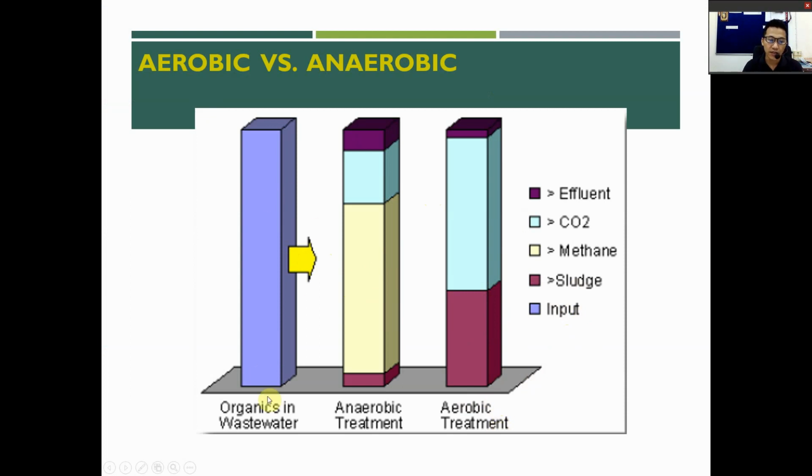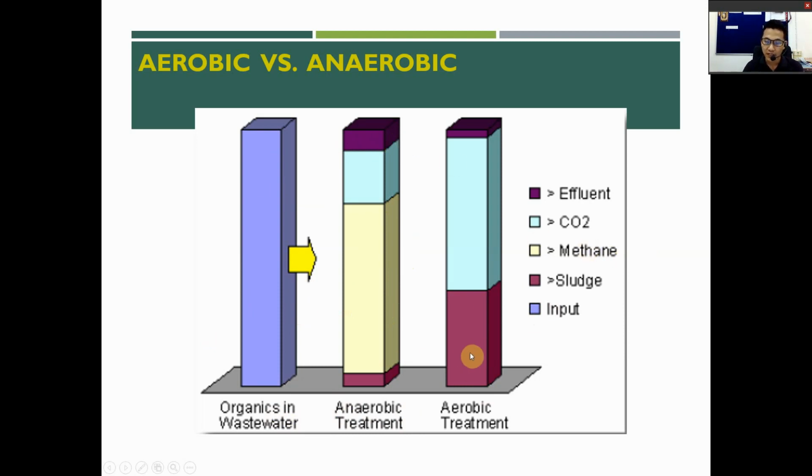Based on the initial condition, you have organics in wastewater, see that the whole column is in purple, and after the anaerobic treatment, you get a very high proportion of methane, which is the biogas that we're talking about, and also carbon dioxide coming out too, and some effluent coming out as well.